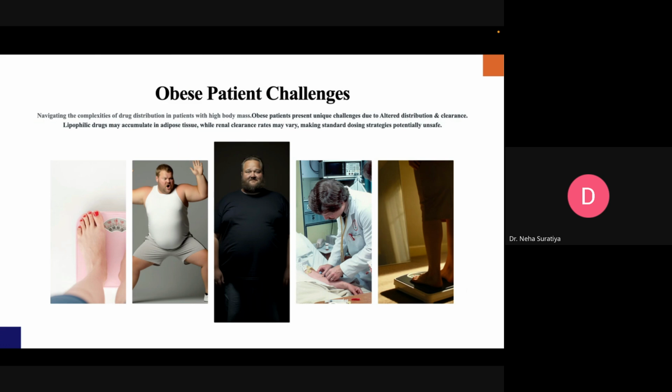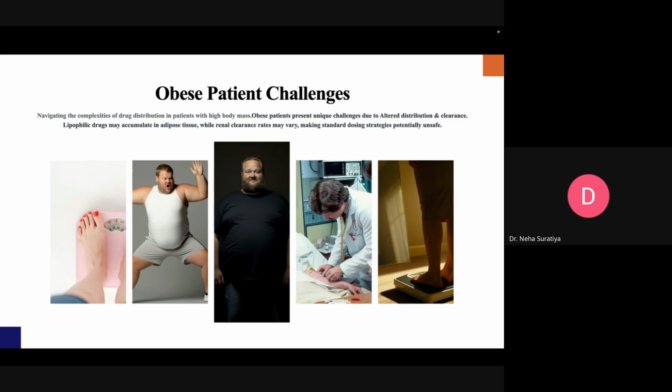So let's come to our last objective, which is obese patient challenges. Obese patients are one of the most challenging populations for dose calculation, guys. Why? Because they have altered distribution and altered clearance. For example, lipophilic drugs accumulate in fat and hydrophilic drugs remain in plasma.